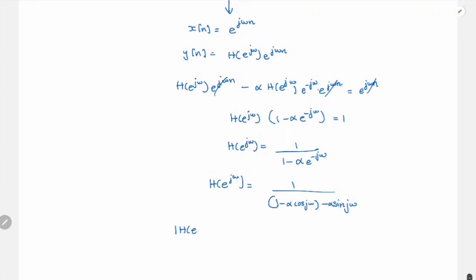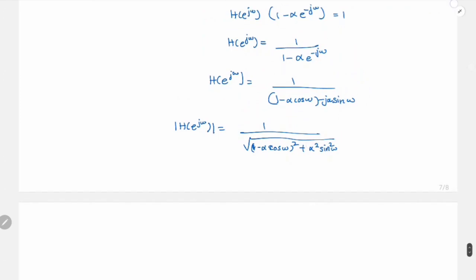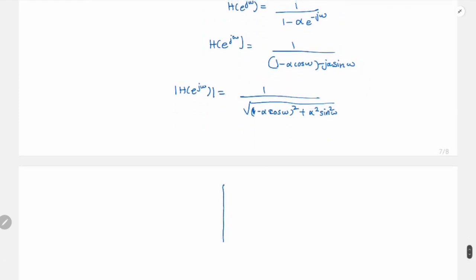So my magnitude of h of e power j omega is going to be 1 by root of 1 minus alpha cos omega whole square plus alpha square sine square omega under root. So if you plot this, you will get something like this. Omega, pi, minus pi, 0.